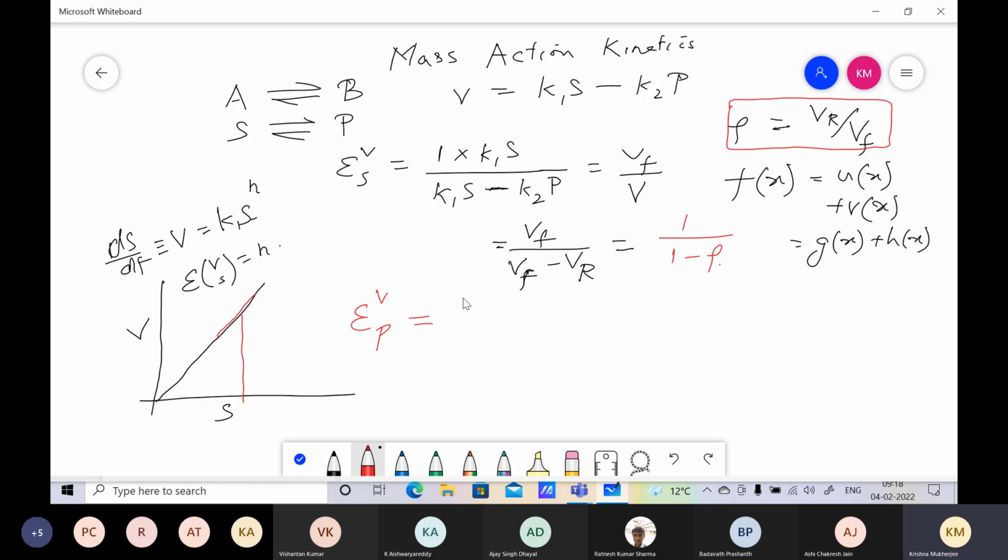By the same formula method, minus 1 into k2P upon k1S minus k2P, which is equal to minus VR upon VF minus VR.